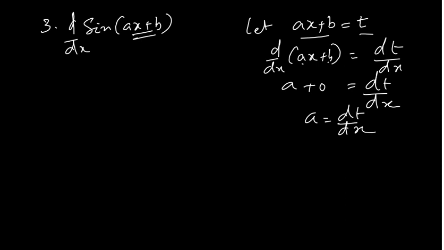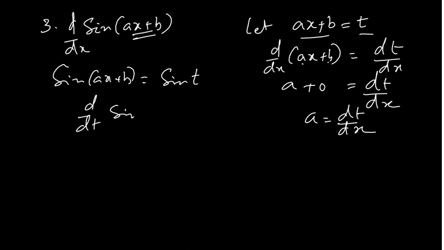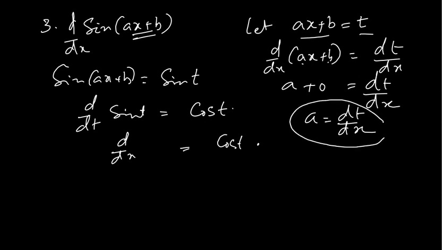So what I will do now is replace sin of ax plus b with sin t. Then I differentiate sin t. How much will you get? Cos t. But we want d by dx, right? So whatever you have got, cos t here, multiply with dt by dx.